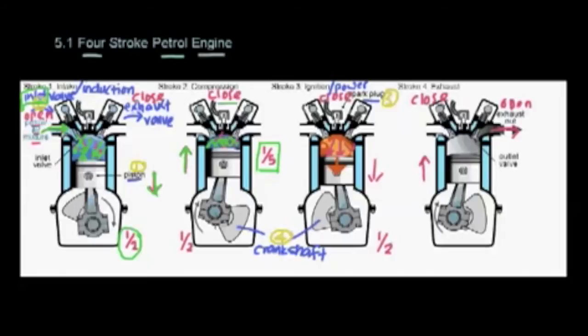Then after you compress your friend, which is actually vaporized petrol and air, now you want to burn it. Yeah, you want to burn your friend. Okay, so how to burn your friend? We need sparks, right? So the spark plug will ignite the vaporized petrol and air, which is now compressed to 1/5 of its original volume.